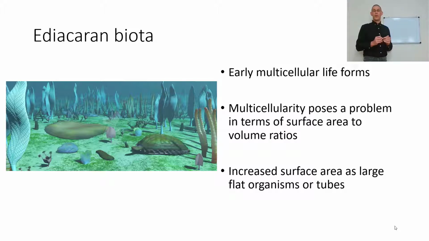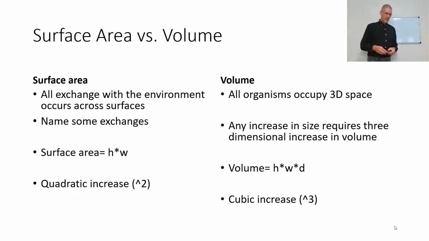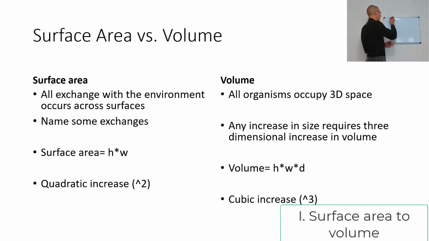Their proposal was simply be flatter organisms or tubular organisms. We'll come back to them. And we'll also come back to Them, the movie, Them. So surface area to volume ratios are really the subject that we're covering today in this lecture.